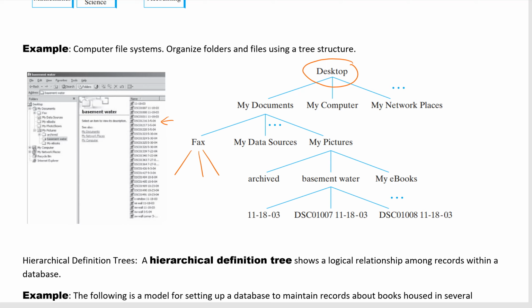Okay, or it's not. Okay, sorry, the picture is so small I cannot really see it. Then in my pictures, we have archive, basement water, and my ebooks, and then we have those files.